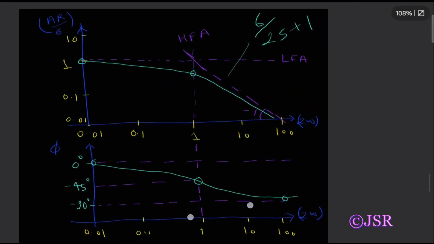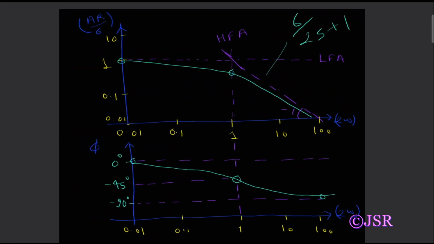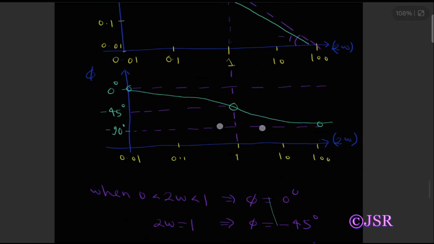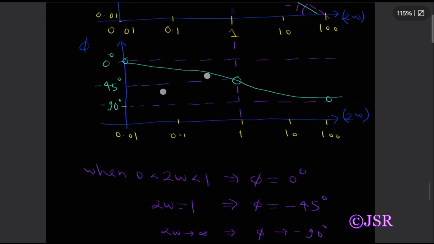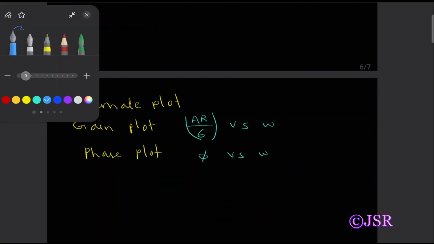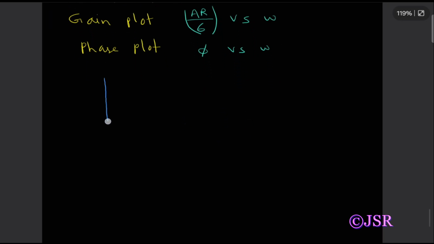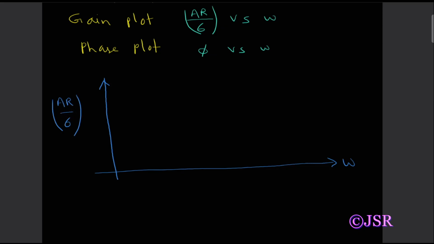So in the gain diagram, this will be the omega x-axis and this will be AR by 6, and let's say this is 10, this is 1 and this is 0.1 and this is 0.01, right?